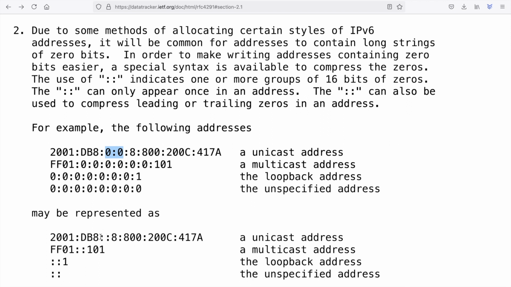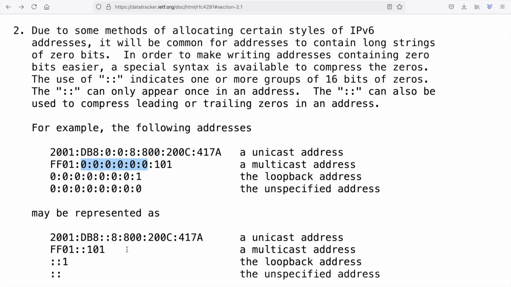So anywhere you see consecutive zeros, which is 16 bits of zeros consecutively in an IPv6 address, they can be compressed into double colons. So you don't have to show them as separate zeros in an IPv6 field. You can replace that with double colons, and that basically represents consecutive zeros between the other fields.